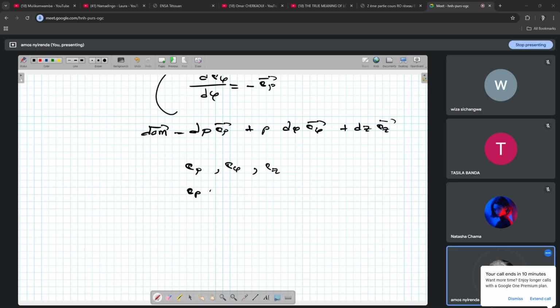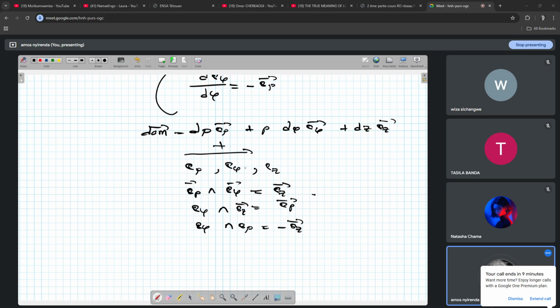So if I say rho vectoriel phi, in this direction, this is the positive direction, it is going to give me ez. And then if I say phi vectoriel ez, I'm going to have rho. But if I go in the other direction, if I say, for example, phi vectoriel rho, it is going to be minus the other one, which is minus ez.